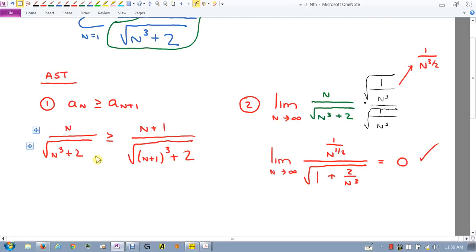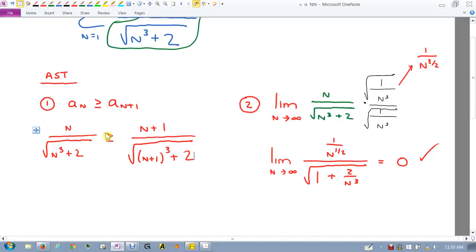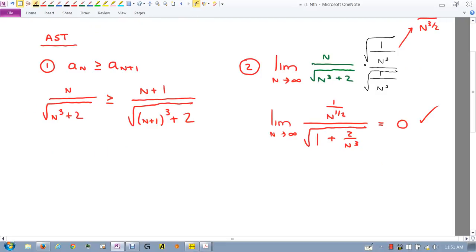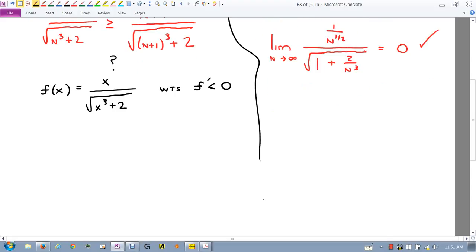We can again view this as a function of x and show that the derivative of it is always negative. If we can do that, then it's the same thing as showing decreasing this way. So I'm going to go, nah. I'm going to look at f of x as being x over square root of x cubed plus 2, and I want to show that f prime is negative. Understand? That'll take care of my decreasing if I can show that.